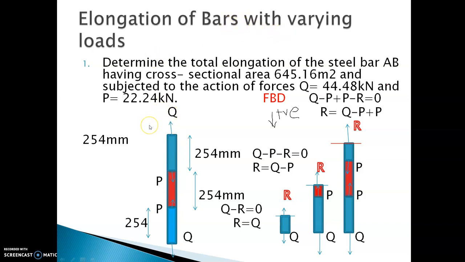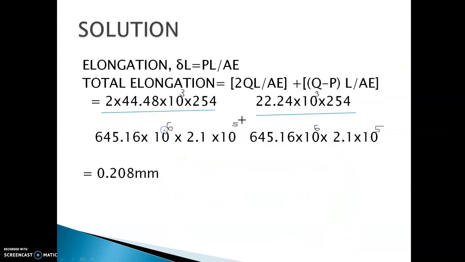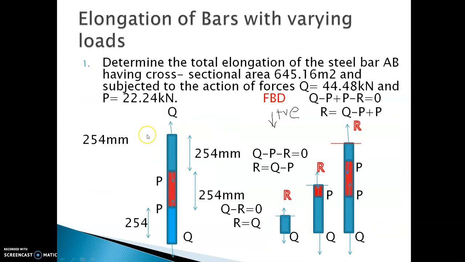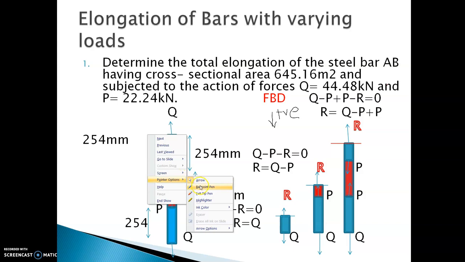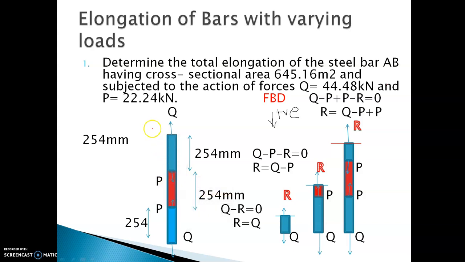So far we have studied bars subjected to uniform loads. Both ends will be subjected to the same load. But here, let this be end A, and at this end A you have a force Q. This is bar AB, and at this end B you have a load Q. Now in between there are some other loads.